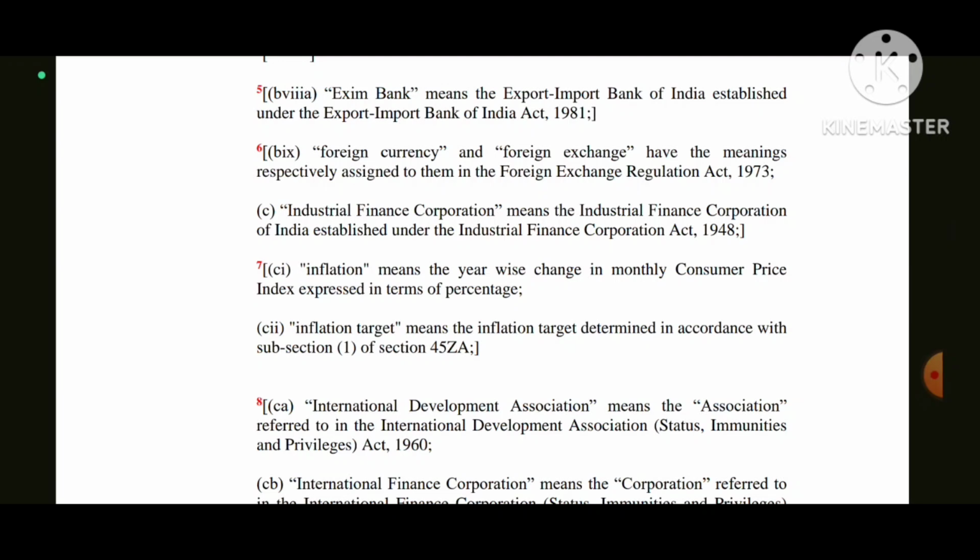The word inflation target is defined in subsection 1 of section 45ZA of RBI Act 1934. So when we cover section 45ZA, the inflation target will be covered in that.